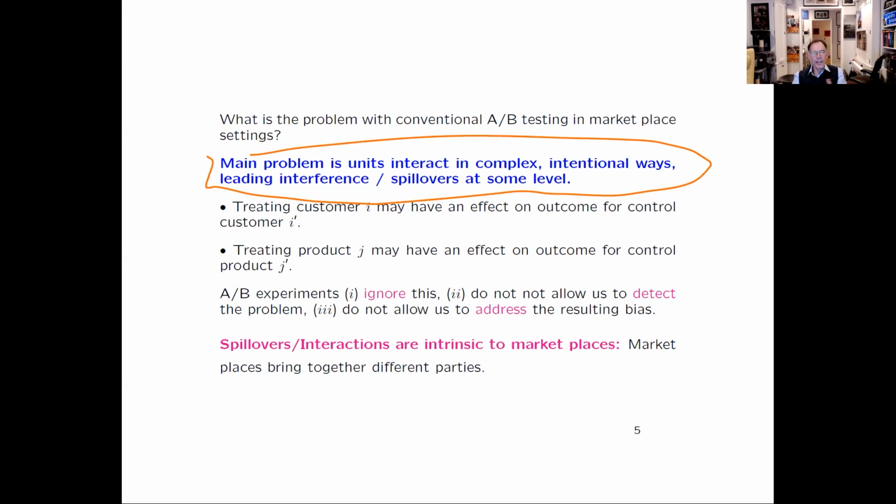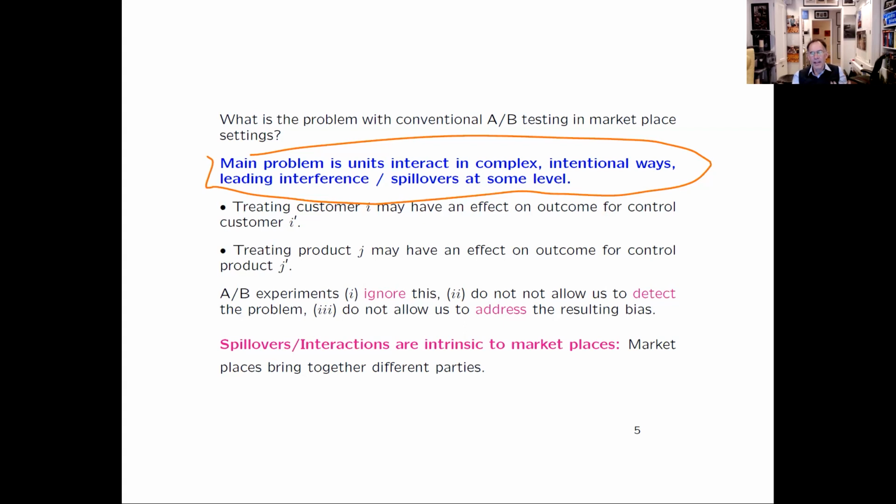Of course, the standard A/B experiments ignore this. They don't pay attention to that, and in fact they don't even allow us to detect the presence of this problem, or, by implication, to address the bias resulting from the interference.